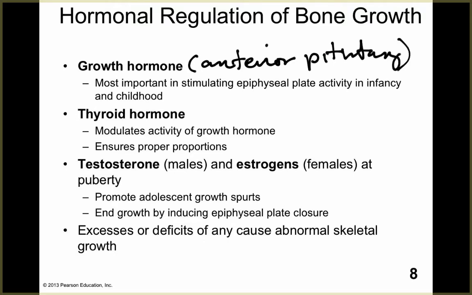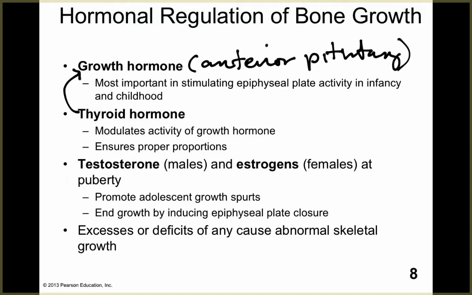But it's important in stimulating epiphyseal plate activity in infancy through childhood, right? The thyroid hormone is important because it modulates and regulates activity of growth hormone. So this guy is going to activate him. It also ensures proper proportions in regards to bone.